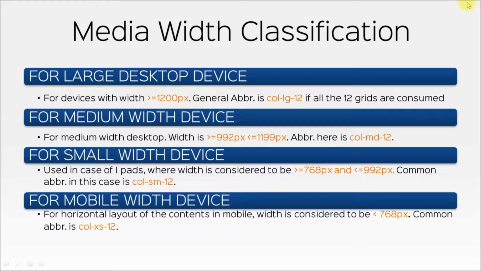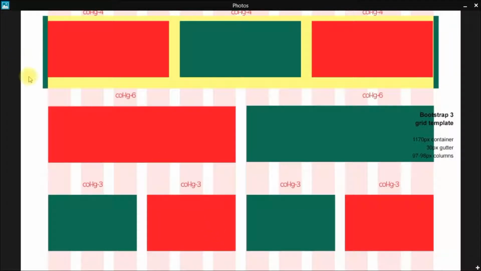And another thing, if you get onto this image, you may see that there's a gap between each content, between each box. This is another thing that we have to consider. That means this red box is leaving a space of 15 px from the right, and this green box in turn is leaving a gap of 15 px from its left.